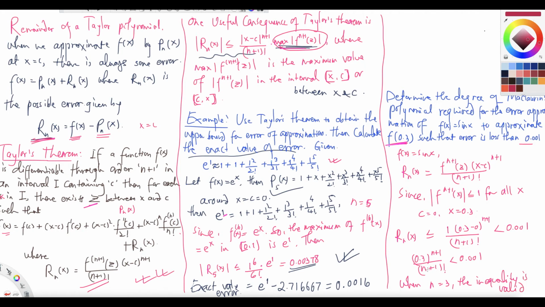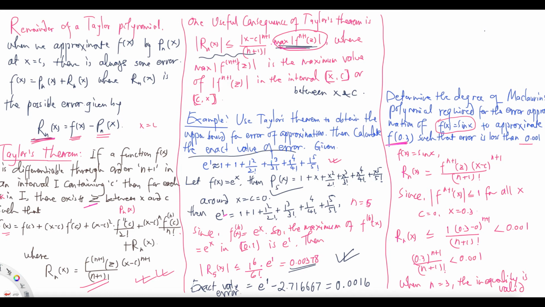If you try n equals 1 or n equals 2, the inequality will be wrong. But when n equals 3 or 4 or 5, for n at least 3, the inequality is valid, meaning that n equals 3. So we need P_3(x), the Taylor's polynomial, or Maclaurin's polynomial of sine x around 0, to approximate f at 0.3 with error less than 0.001.